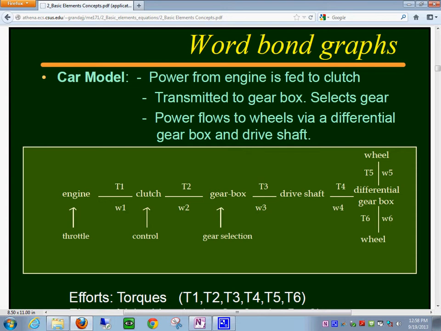Well, this might be an oversimplification of the model, but it gets the point across that what we are trying to do with bond graphs is a description of the system based on elements, or based on standardized components, or components of certain types, is what I'm trying to say.